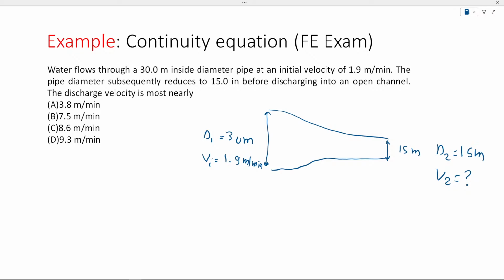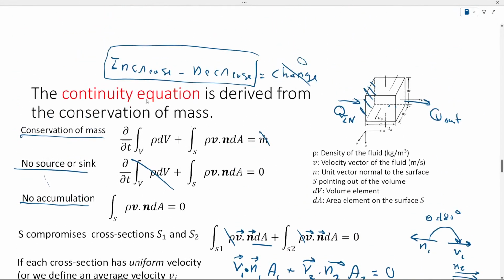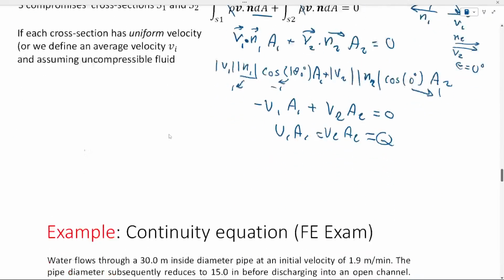That's just the conservation of mass, the continuity equation, which is based on the conservation of mass. You probably solved this when you were an undergraduate student in fluid mechanics class, but you never knew where this equation comes from. Let me write down the equation: V1 area 1 is equal to V2 area 2. You never saw that this equation has to do with calculus, the fundamental theorem of calculus.